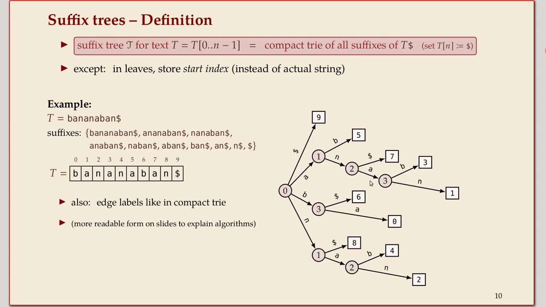But it really looks like this in the computer, where you have only the first character of each label, and then the internal nodes remember what's the next character they compare if you follow the child edges. But that's just repetition. That's the same as we did for tries. The only difference really is that in the leaves we now store a single number because we know it's a suffix of this text, so the start index is enough to identify it.